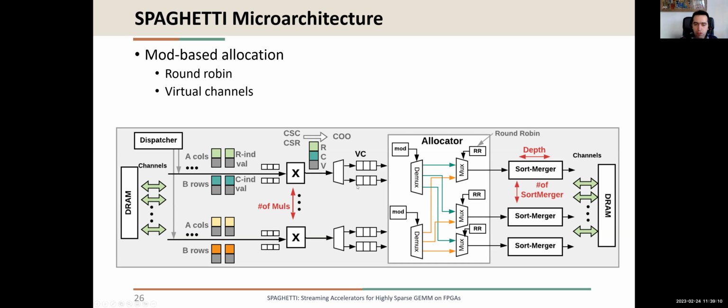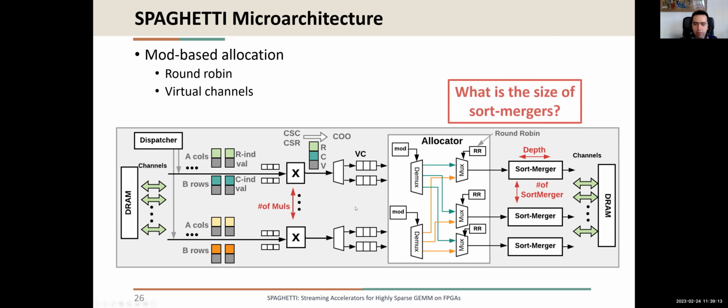Sometimes you might have 2 values coming from 2 multipliers that are both for the same sorter and merger. Let's say they are both from an even row.